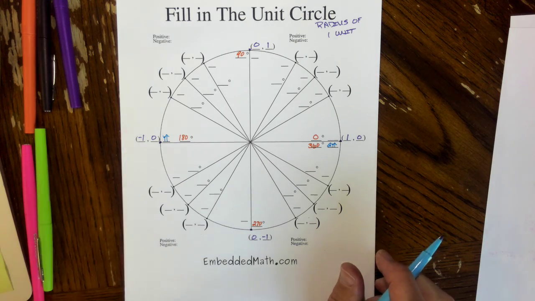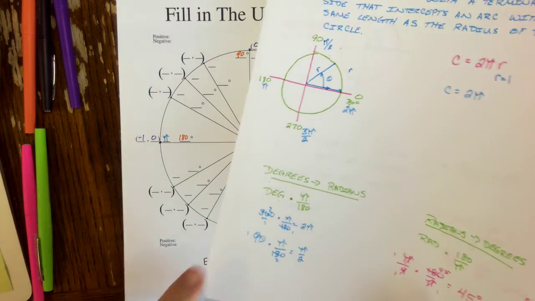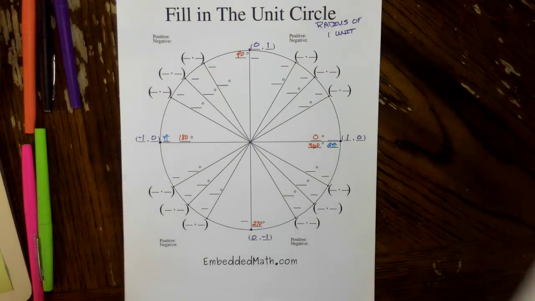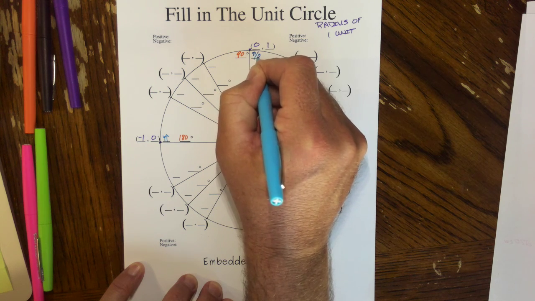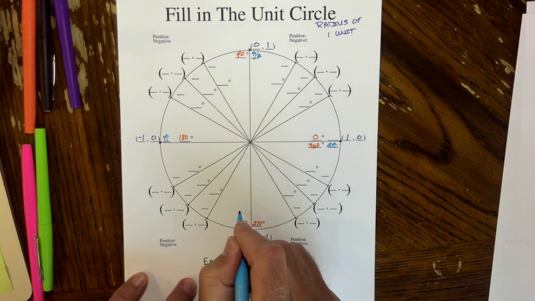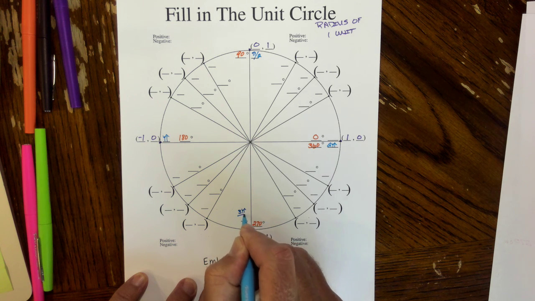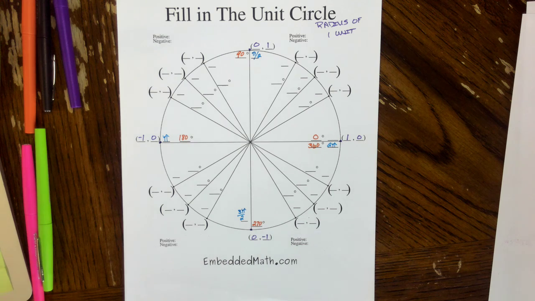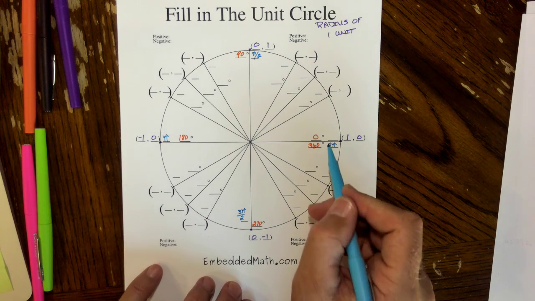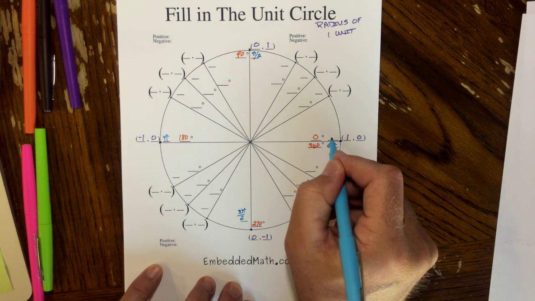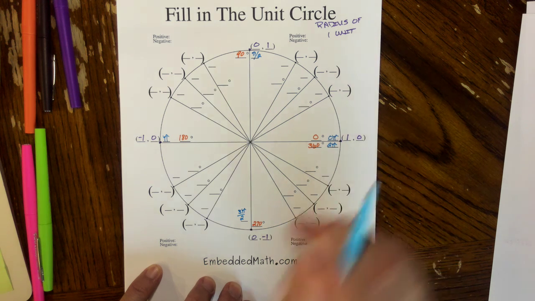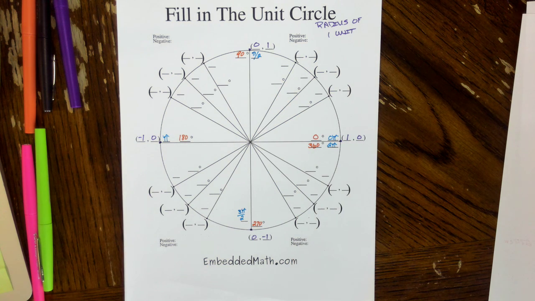And through either logic or using our conversion formulas, we know that this would be pi over 2, and we know that this would be 3 pi over 2. Now there's one I haven't filled in, and that would be right here. Instead of going a full complete circle, where do we start? Well, 0 pi.